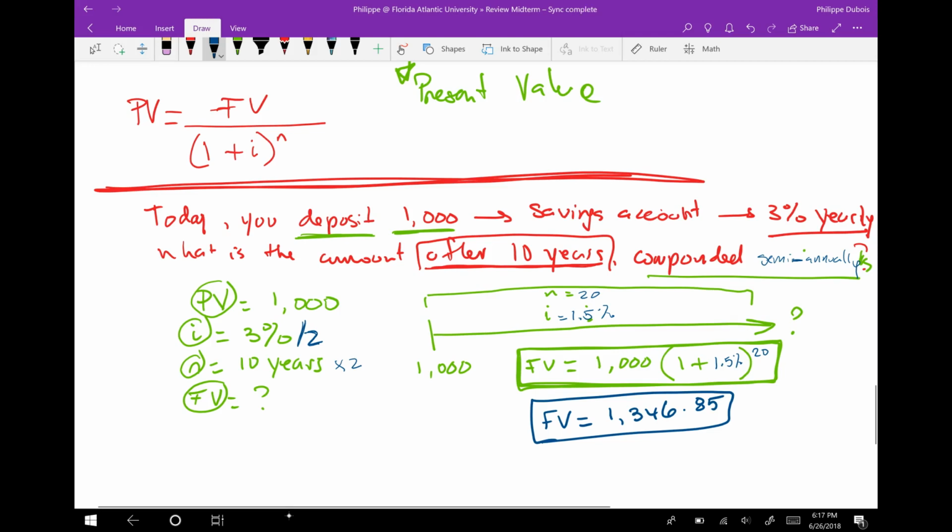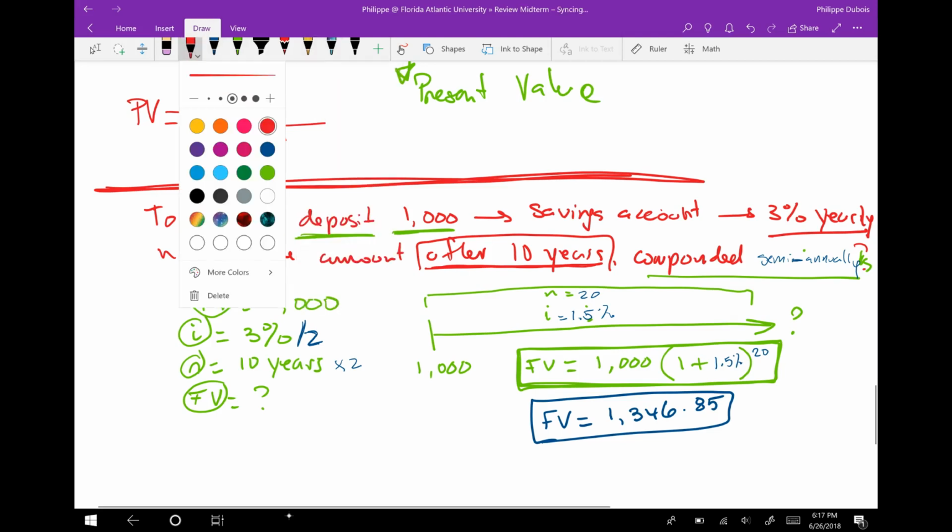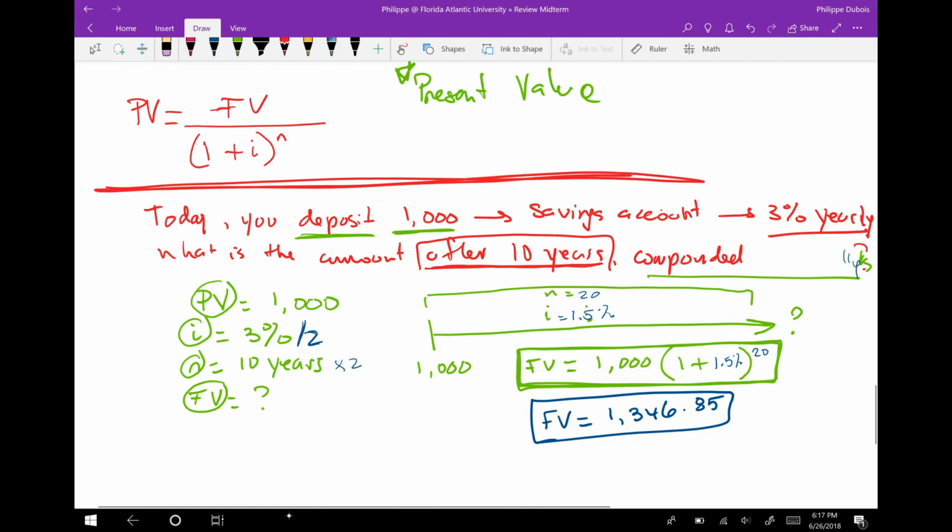Now, that same account will pay you quarterly. All right. So two things will happen. Your number of periods will quadruple, and your interest will be cut by 4.